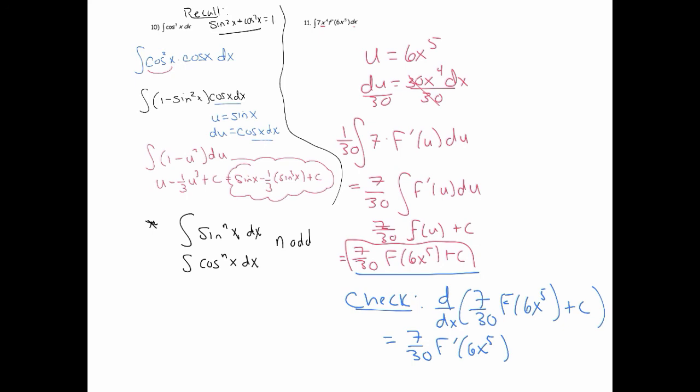Then, because of the chain rule, I have to multiply by the derivative of the inside, which is 30x to the 4th, and the derivative of c is 0. You'll notice that these cancel, and you get exactly what we see up there inside the integral. So you can always check your answers when you're done.